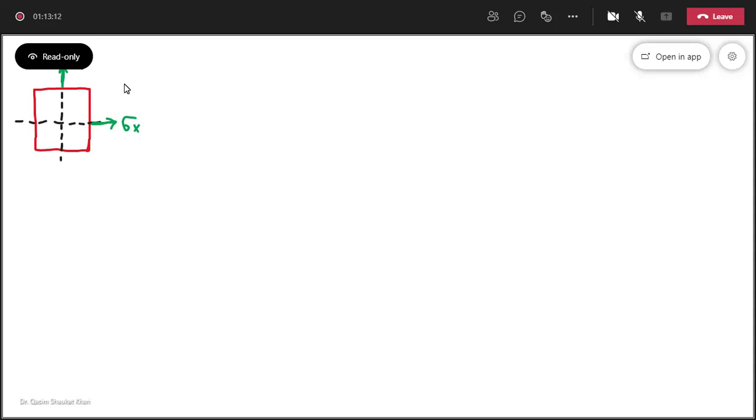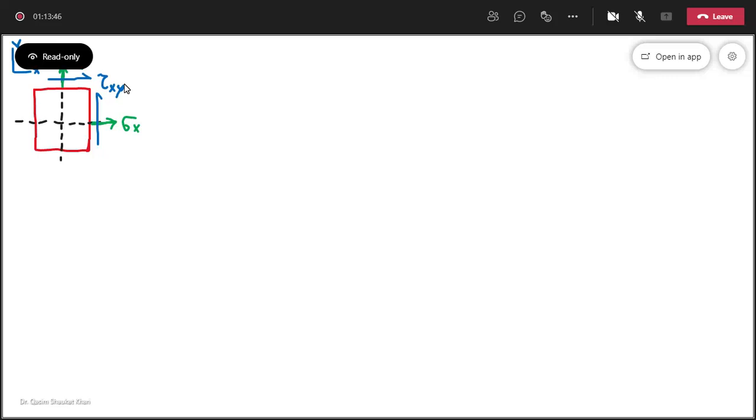And this one is your tau xy. This is your tau xy shear stress. And this is your x-axis. And this is your y-axis. Fine. This is the regular axis.